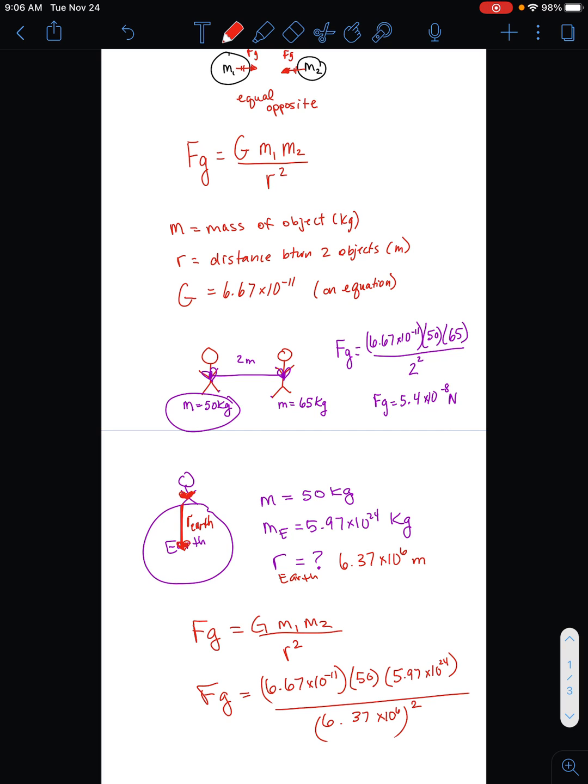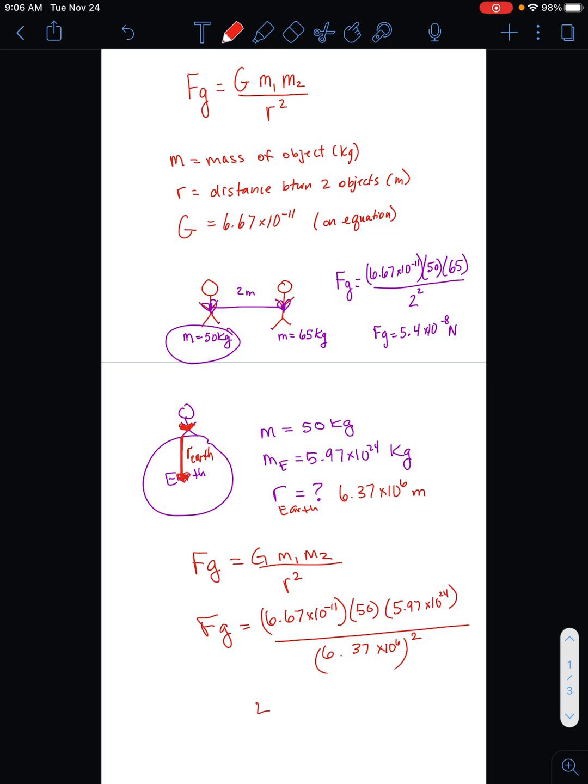And so what I'm going to get here as my answer is 490.7 newtons. That is the force of gravity between me and the earth.